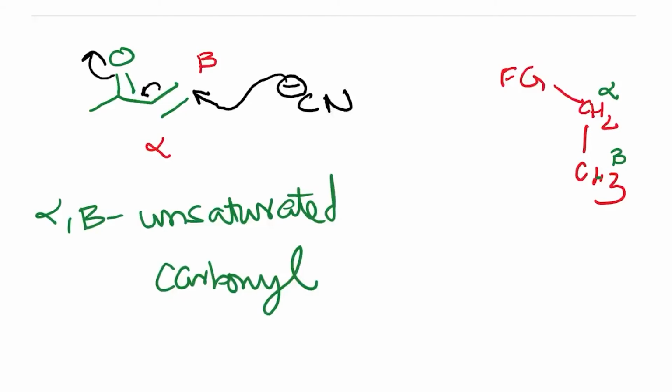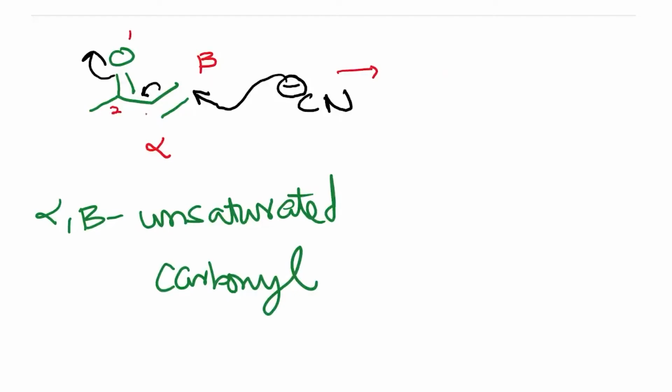Okay, so the intermediate that is produced is this. Let me number this so that it's easy for us to follow. We'll follow the same system: 1, 2, 3, and 4. And so O minus.